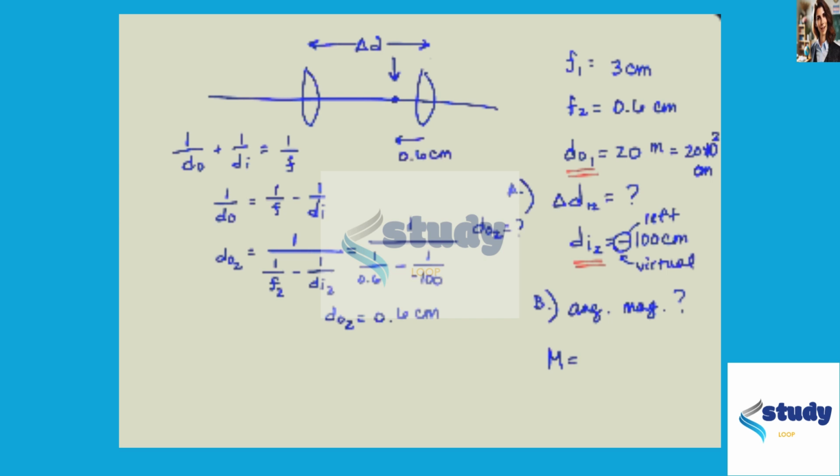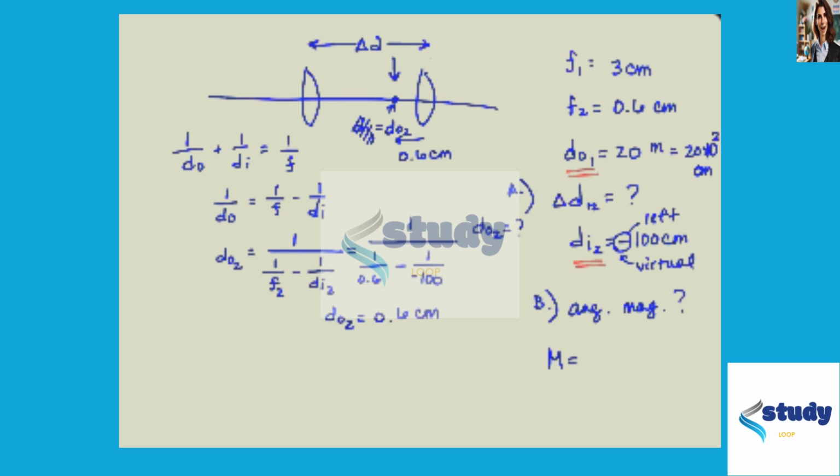So here, this point is DI1. Correction, DI1 equals DO2. Now we know what the image distance is.